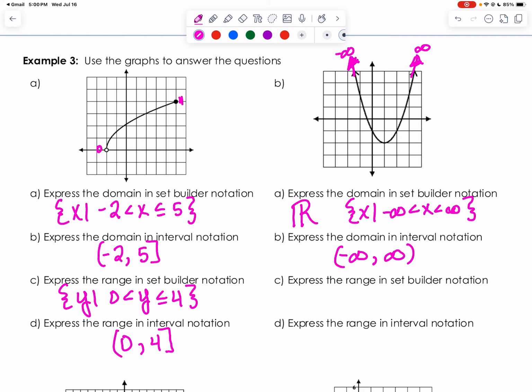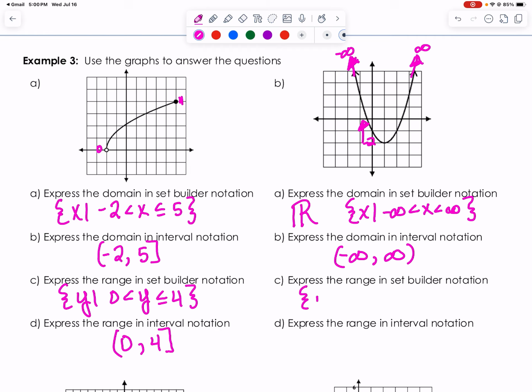Now, for the range, our smallest number is -2, and then it increases. So it goes to positive infinity. So it's going to be the set of all y values that are greater than or equal to negative 2.